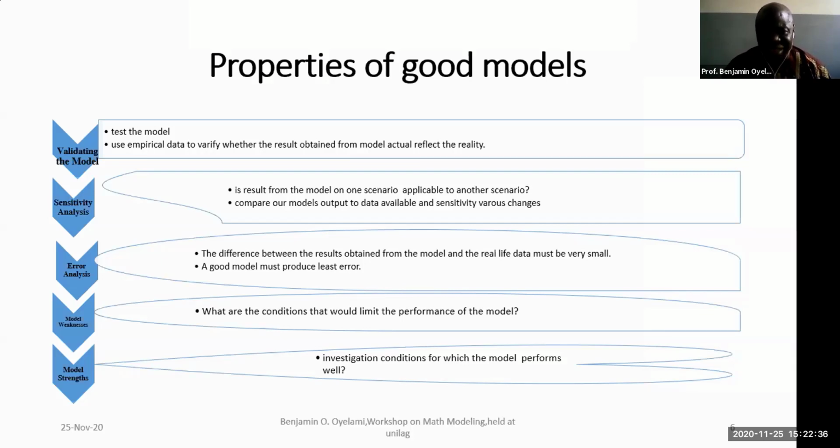Because some models are only valid in a very short interval, and some others are valid for a large interval. So you have to test all those sort of things, for you to really know that, yes, if the model satisfies those initial conditions, the model is very good.